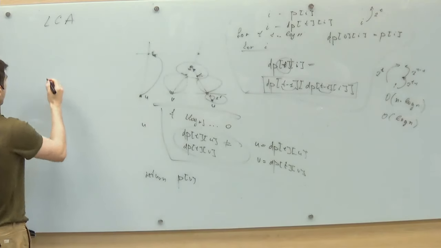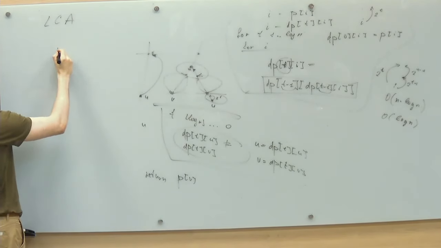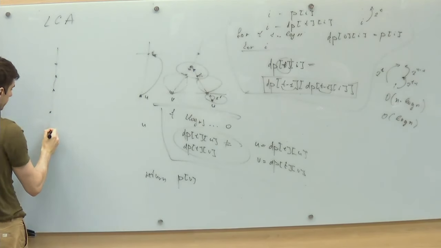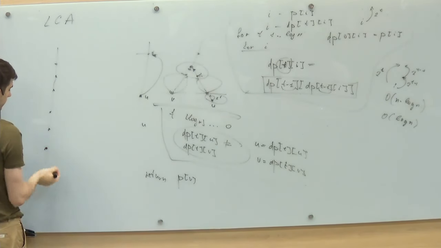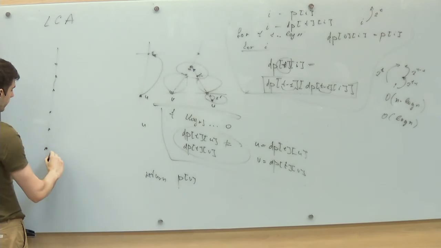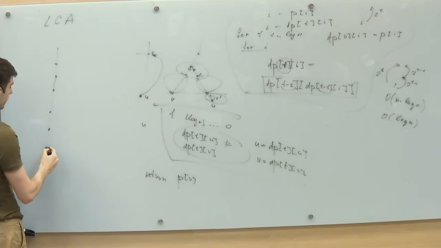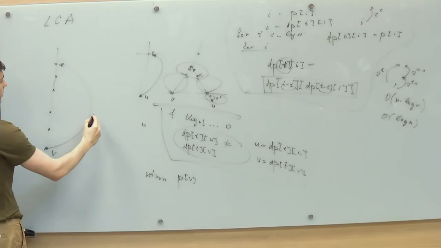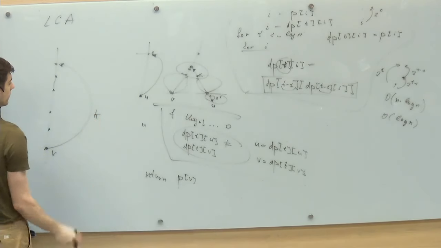The problem when we have a tree and for some specific vertex v, we want to find its ancestor which we would reach if we go up exactly k times.